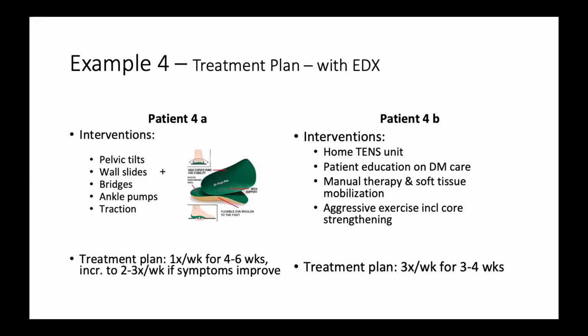So the exercises are going to be much different. If you look at the slides, they are almost reversed. So now for our young guy, we need to go slower. We need to do the more basic exercises, like the pelvic tilts, wall slides, bridges, ankle pumps, and some basic core strengthening and stability to get the pressure off of that nerve.